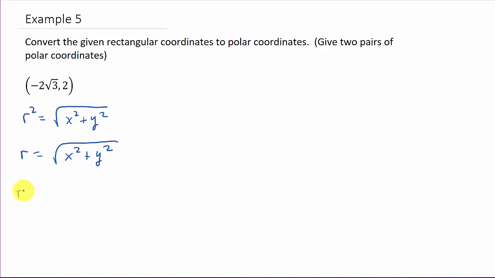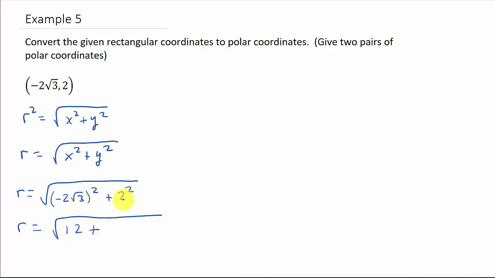Alright, so r is the square root of negative 2 square root of 3 squared plus 2 squared. Okay, so we square each one of these, so we get 2 squared is 4, square root of 3 squared is 3, so we've got 4 times 3 is 12, plus 2 squared is 4, and so r is the square root of 16, which is 4.